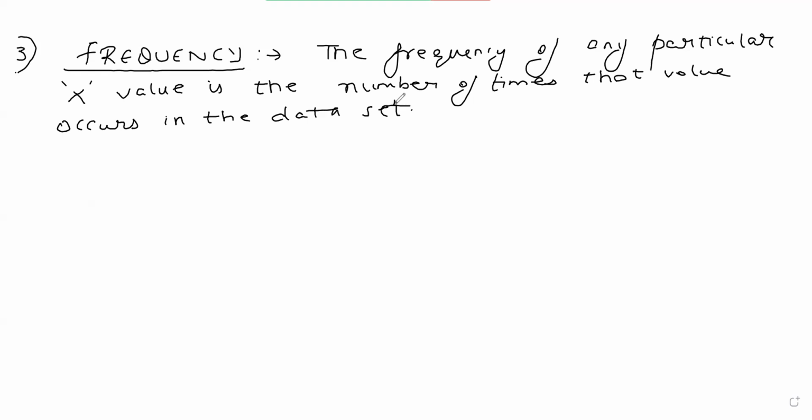So when we talk about frequency, it's giving us the number of times that particular x value is going to occur in the data set.